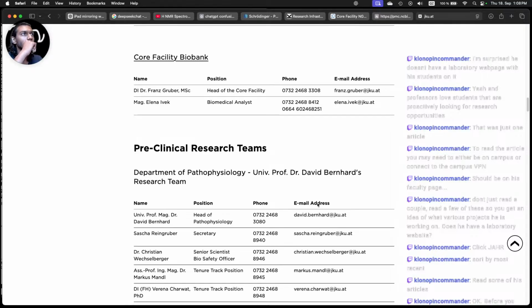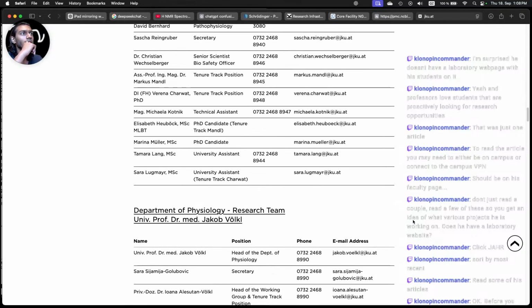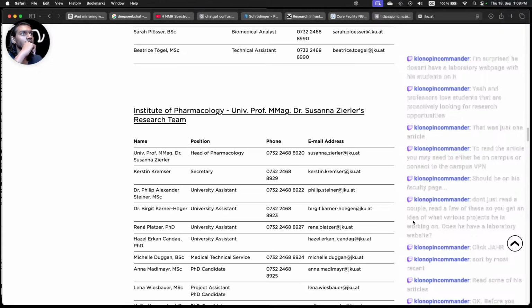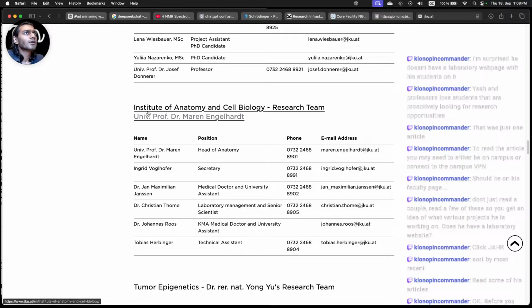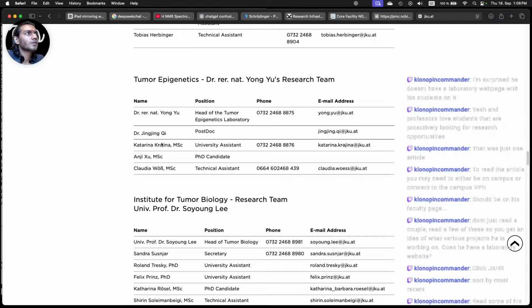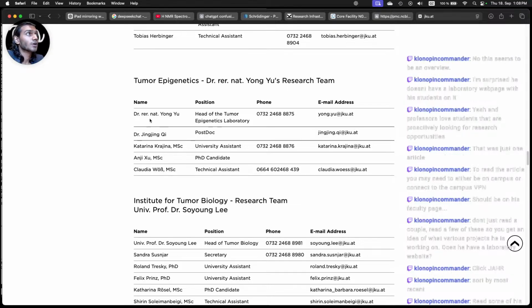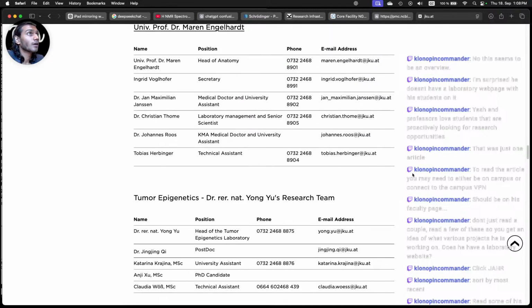Biobank, preclinical research teams, Department of Physiology. Is this all related to this? Institute of Anatomy and Cell Biology research team. These are not Austrian names, so they do have people from outside.